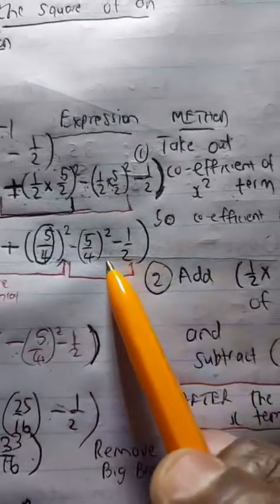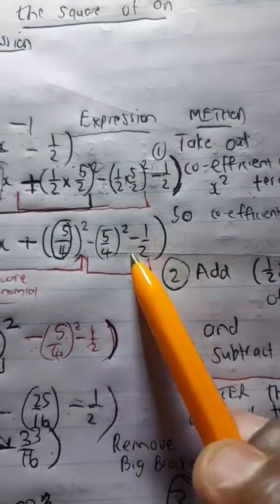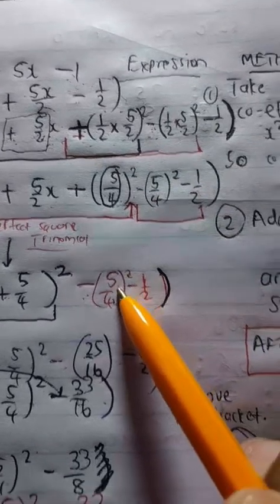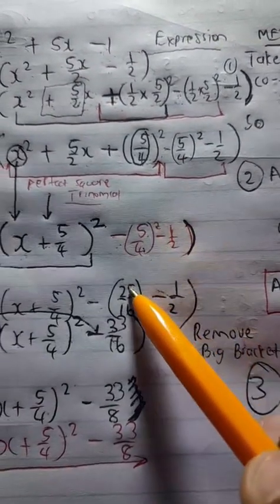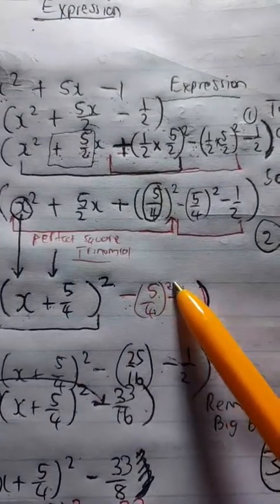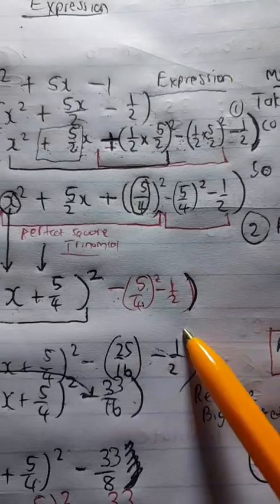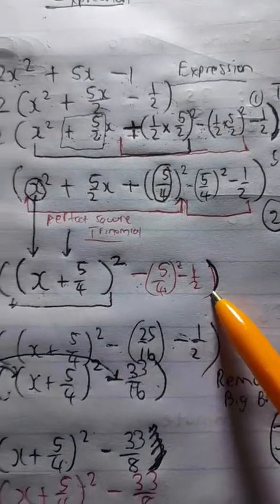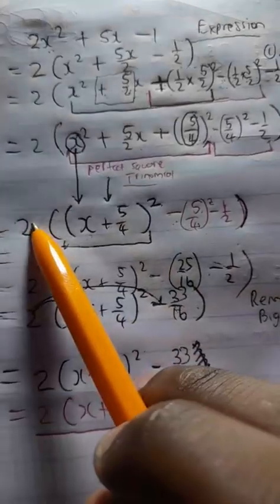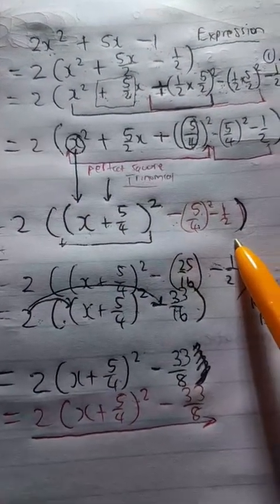Then what are we left with? Minus 5 over 4, the whole thing squared, minus 1 over 2. So 5 squared will give us 25. Okay, so we write minus 5 over 4, the whole thing squared, minus a half. Right? And then we still retain and close that bracket. As we conclude the problem, remember the 2 was outside for all terms in the bracket.